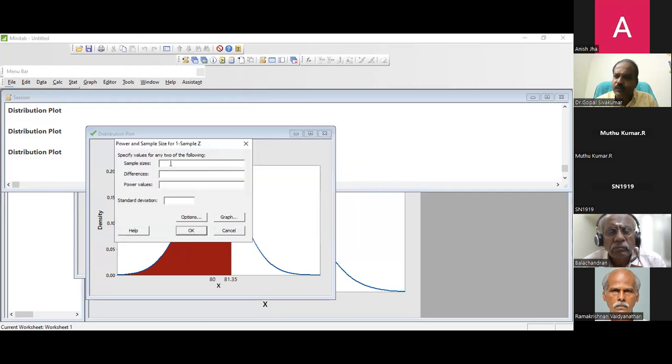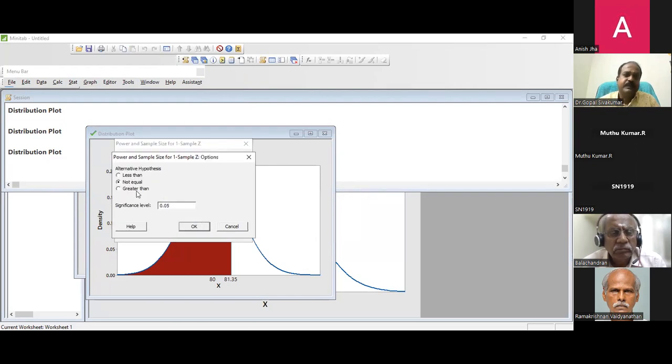The sample size I don't know, so I will leave it blank. The difference in the mean is how much? 0.5. What is the power you want? 0.95. Then the standard deviation, how much is given? 0.75. Go to options.